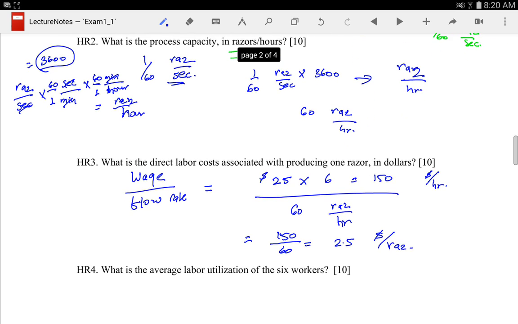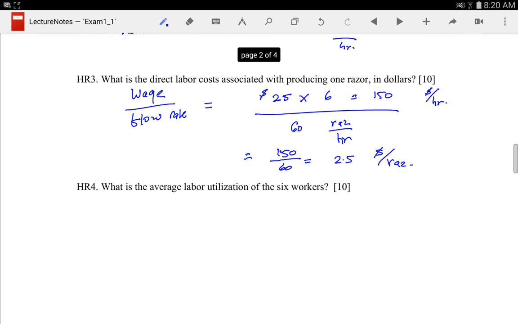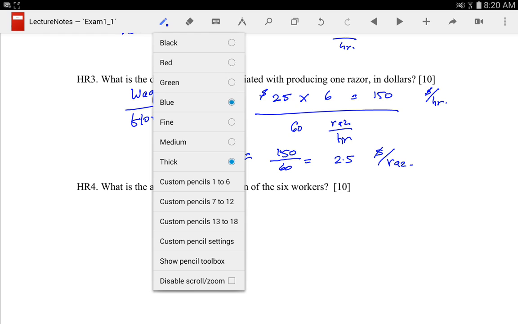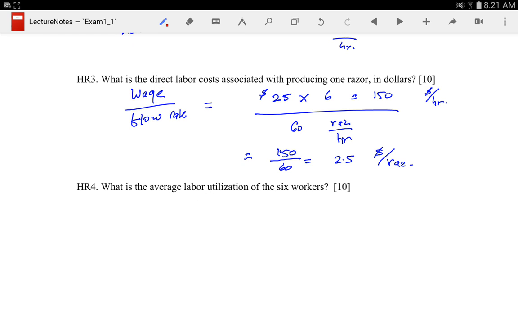The next question is, what's the average labor utilization? For this, we need cycle time. To calculate the cycle time, which is the inverse of the flow rate, which is 1/60 razor per second.